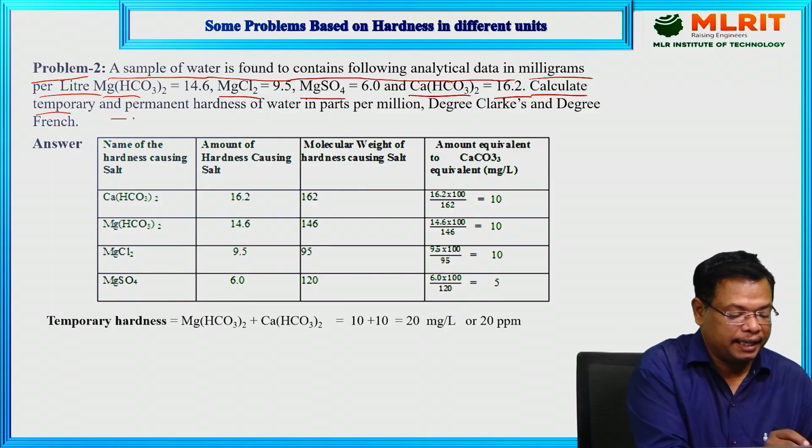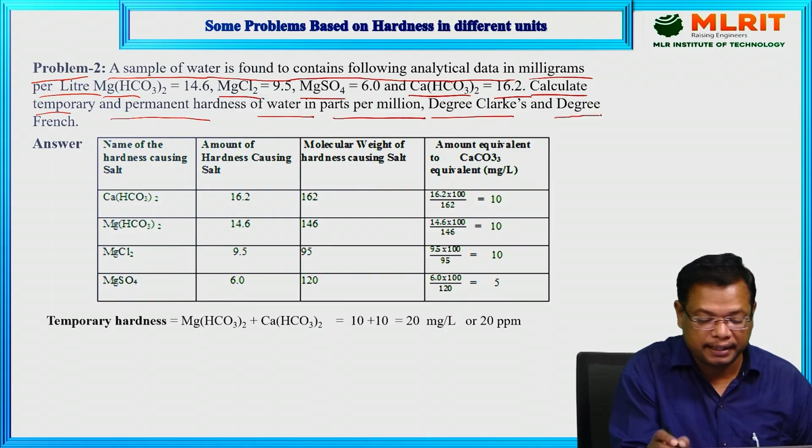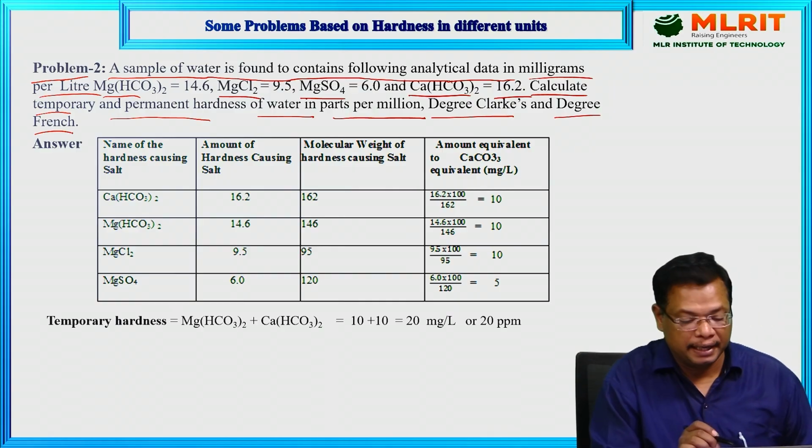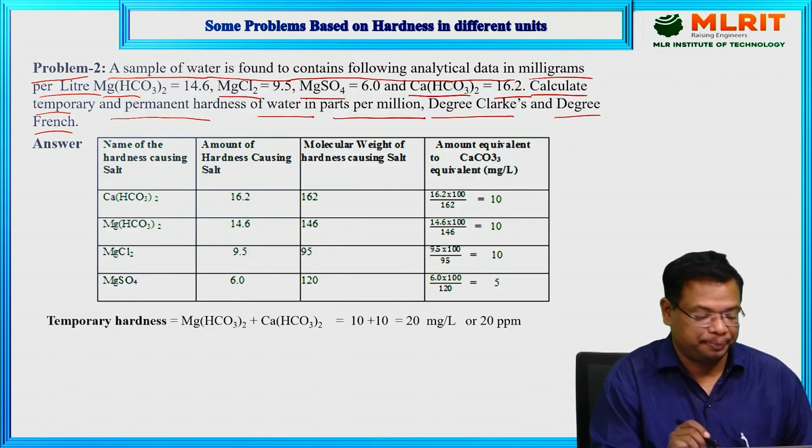Calculate temporary and permanent hardness of the water in parts per million, degree Clark, and degree French. You have to calculate in these different international units.